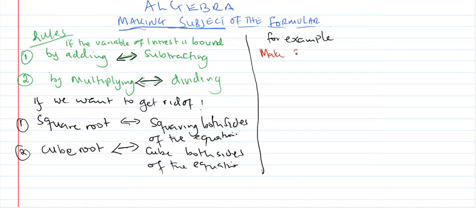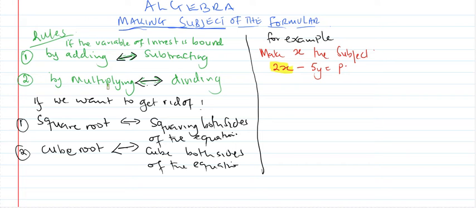Make x the subject, and they write something like this: 2x minus 5y is equal to p. Look at that. Now look, the x is bound by 2, next to a 2, but in between 2 and x there is nothing, meaning that there is a multiplication.